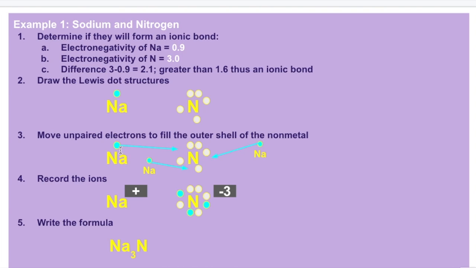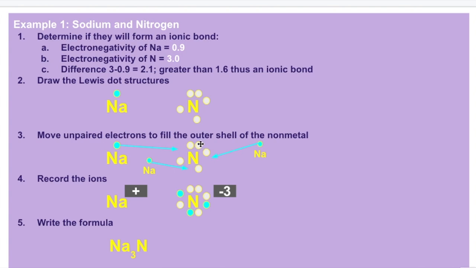Okay, so each individual sodium has only lost 1 electron. It's not losing 3. This one single sodium is not losing 3 electrons. It's only losing 1. There happens to be 3 sodium atoms.